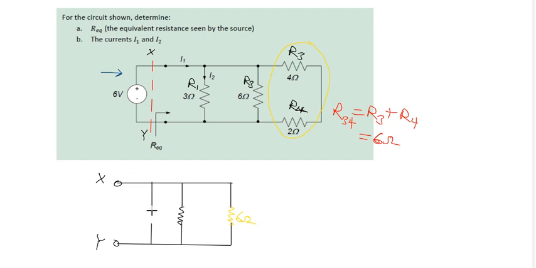So this is R1, this is R3, and then... I beg your pardon, there's a mistake here.